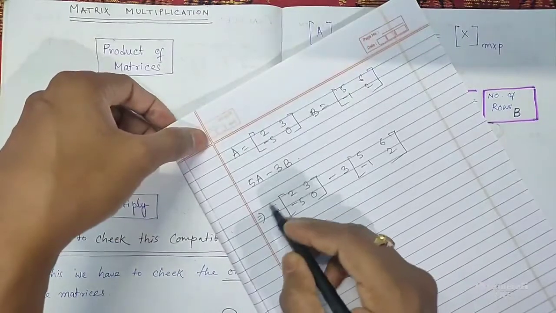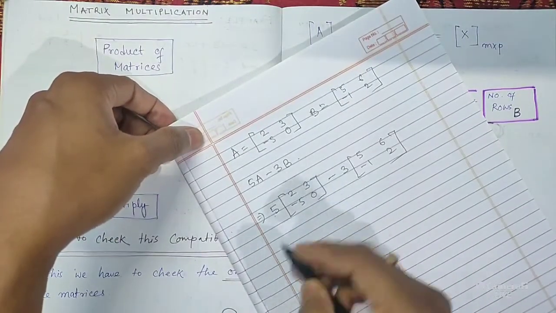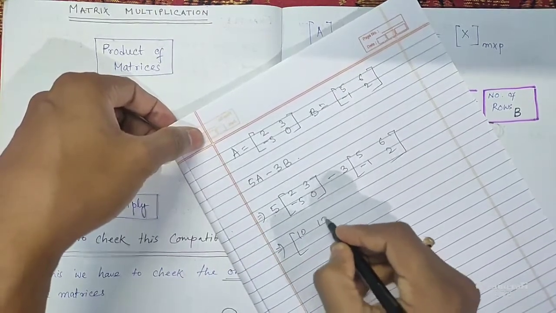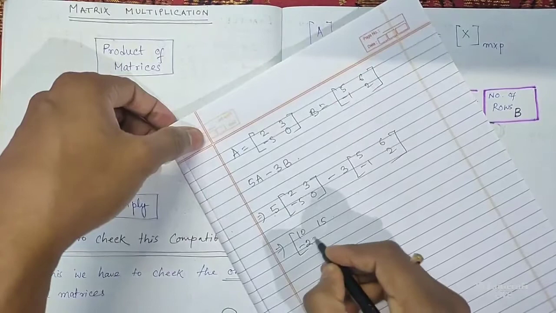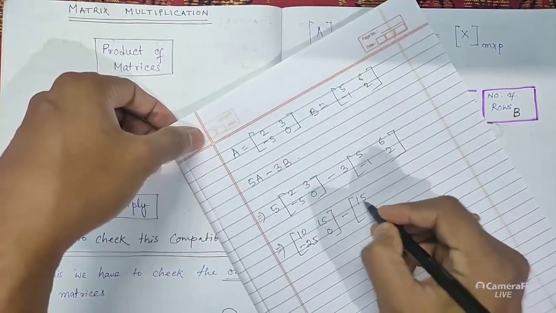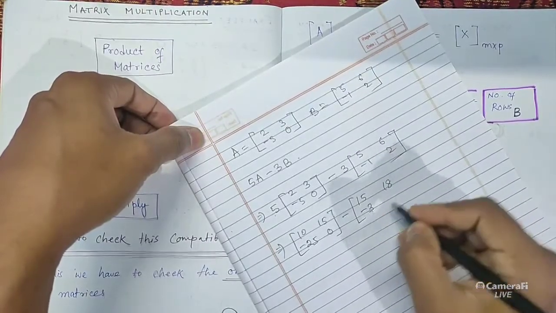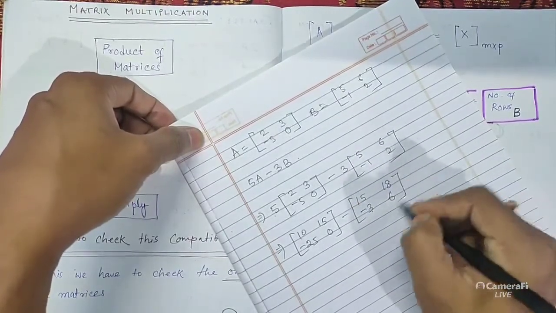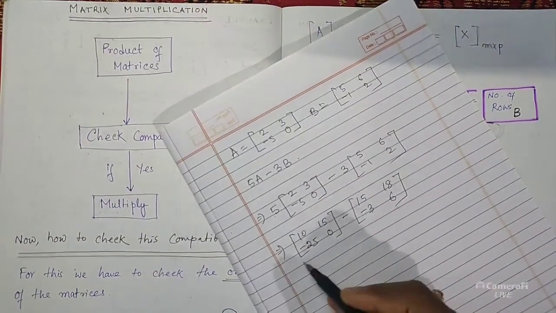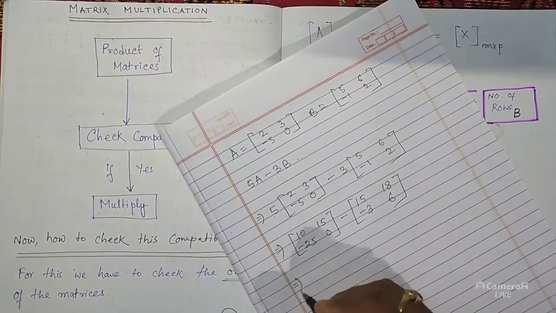So here you have to do scalar multiplication. 5 will be multiplied with all the elements. That means this will be 10 15, minus 25 0, minus 15 18, minus 3 6. Now subtraction is there and both the matrices are of the same order, so here you have to do subtraction.